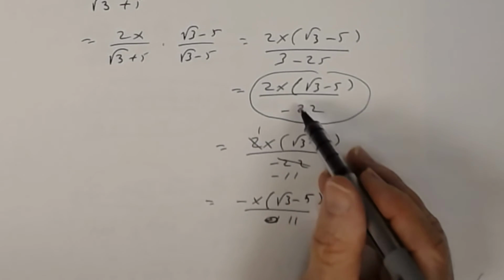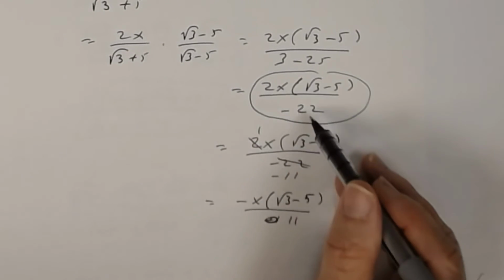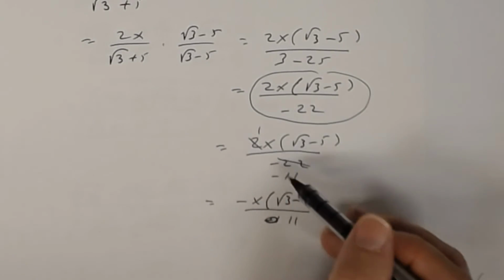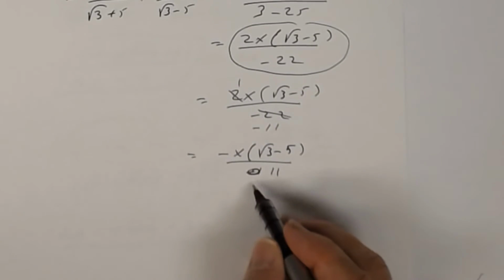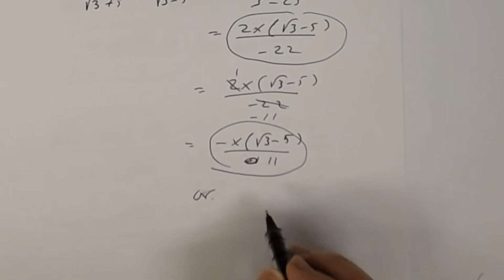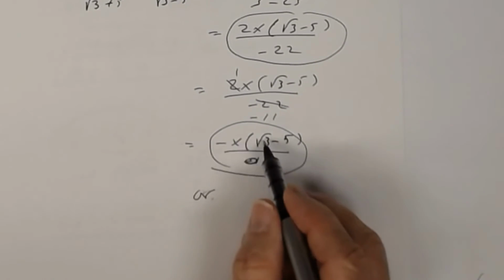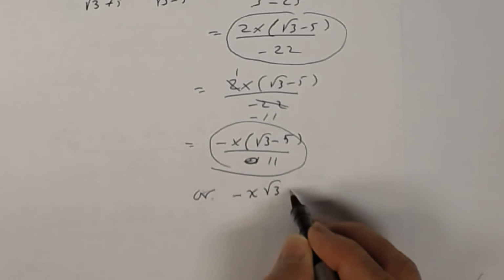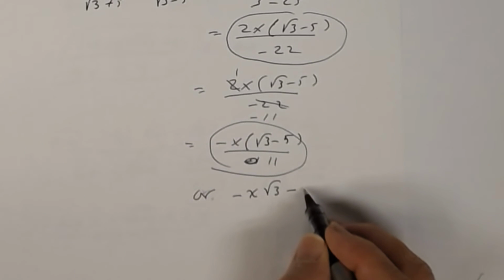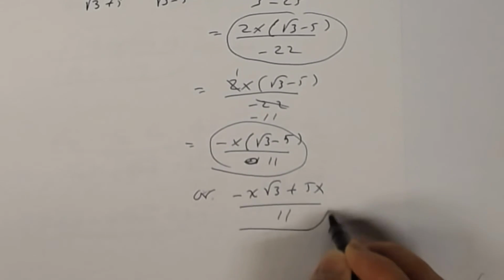So reducing the 2 and negative 22 gives 1 and negative 11, and I'm going to bring that negative up to the numerator. Some textbooks will distribute that negative x. So you'll get negative x square root of 3 minus, a negative times a negative is positive, so plus 5x, all divided by 11.